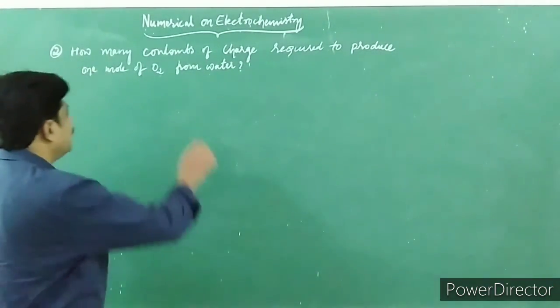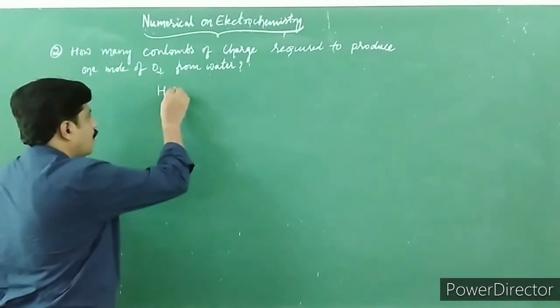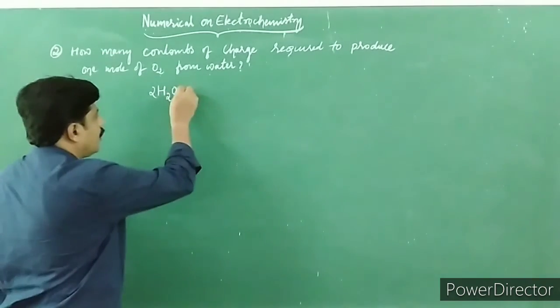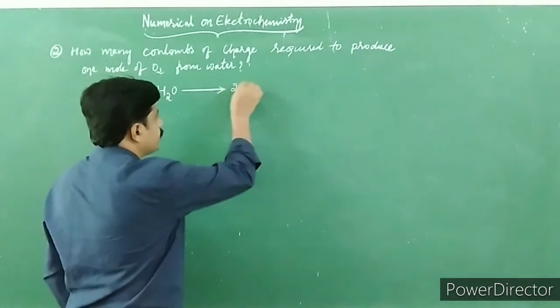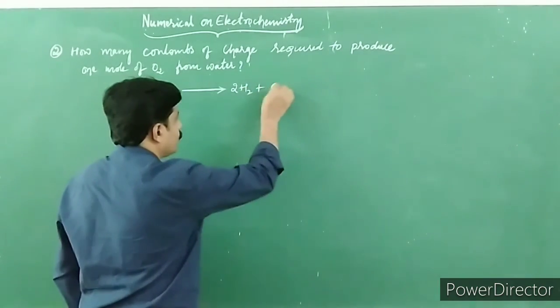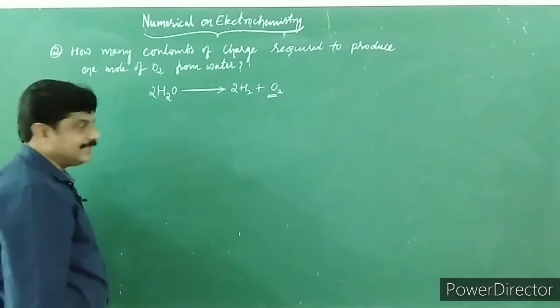Children, look at here. By the electrolysis of 2 moles of water, you are going to get 2H2 plus O2. That means 1 mole of oxygen you are going to get. Is it not?